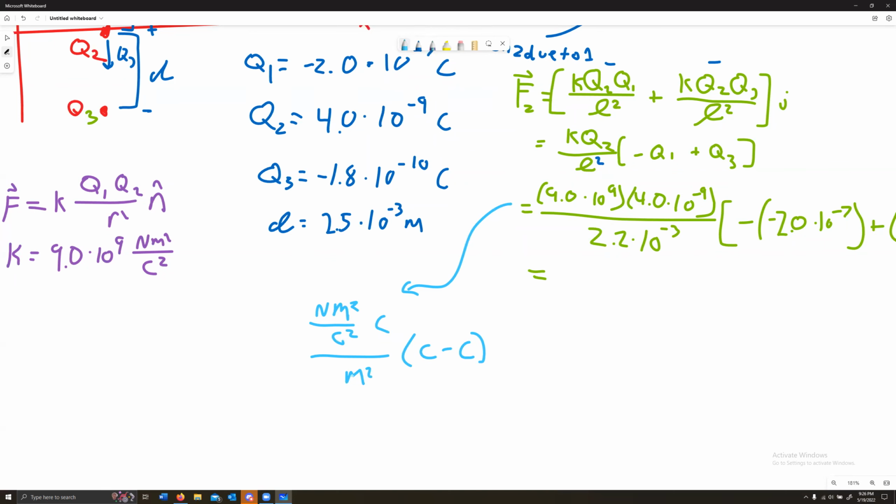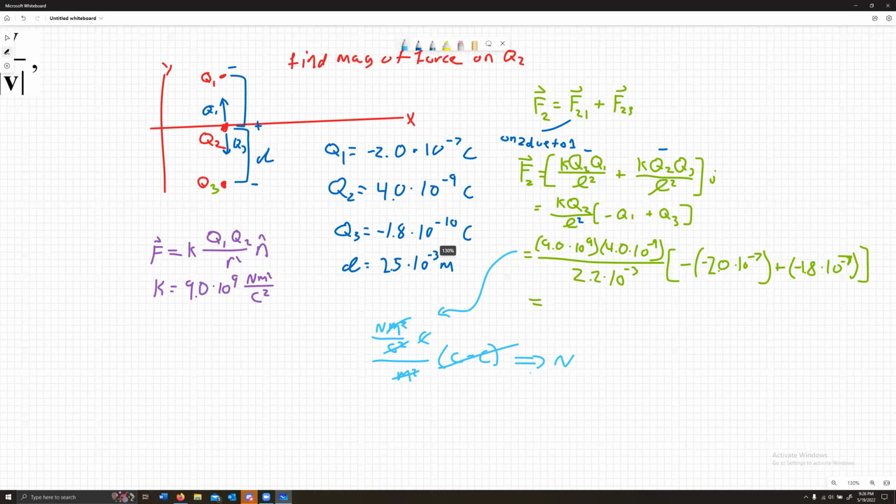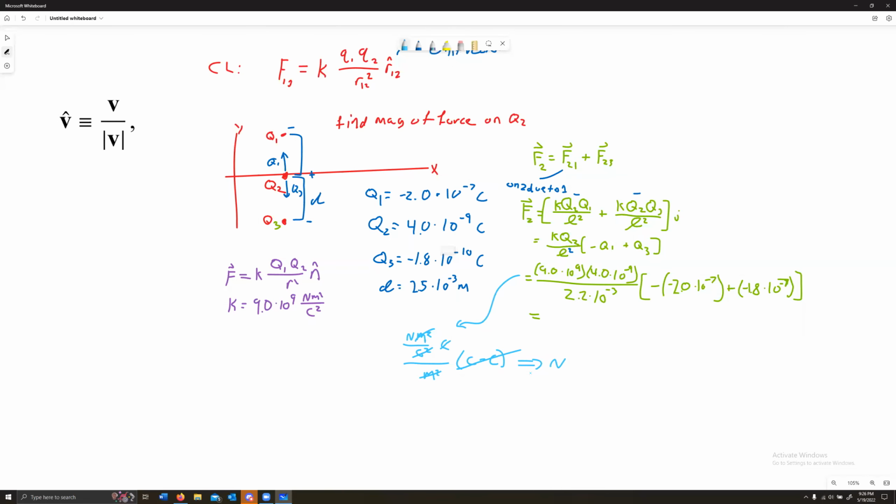So this cancels with that, this squared cancels with that, these cancel with that. You end up with Newtons. That's the only thing you get. So that's an application of Coulomb's law. That's one of the things with physics: you get conceptual functions, and then you have to apply them in really weird ways.